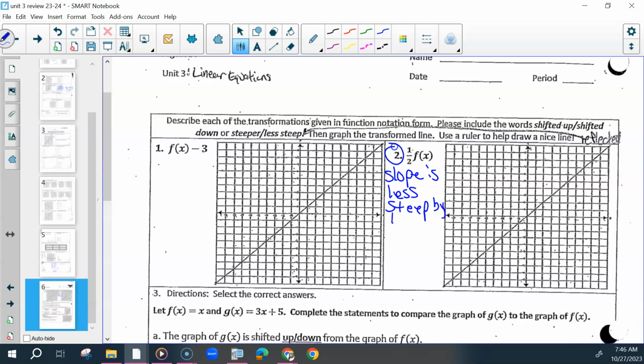So it's less steep by 1/2. What happened to the y-intercept? It didn't change. It stayed the same.